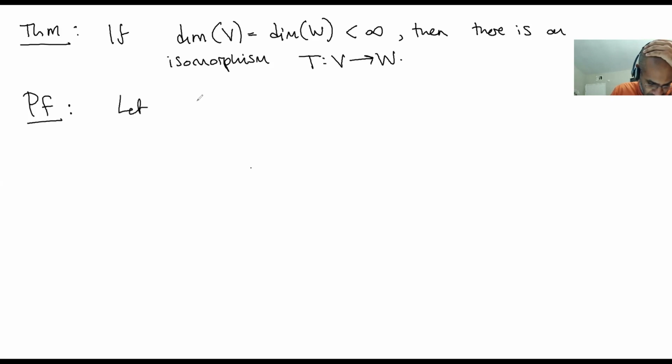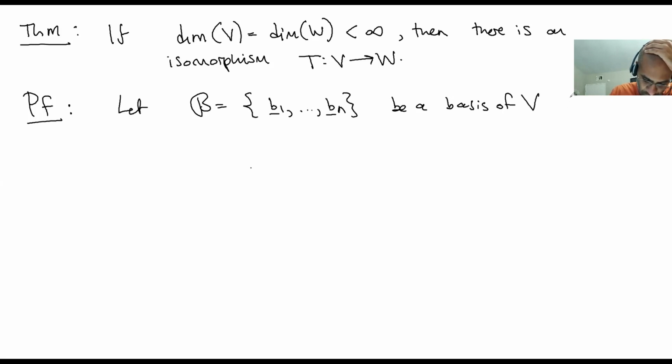Let B be a basis of V. And we've assumed the dimension of V is n, some finite number n. And let C be a basis of W.